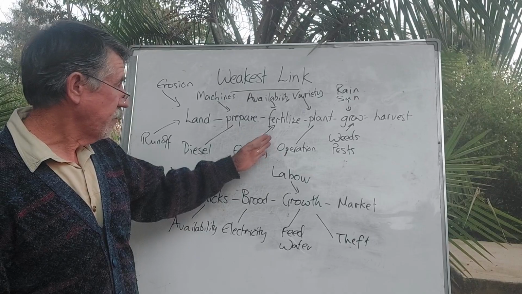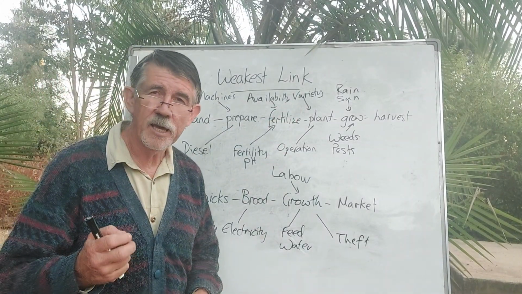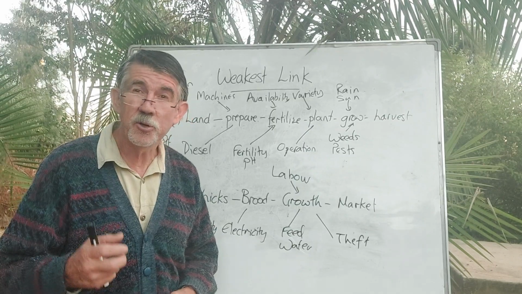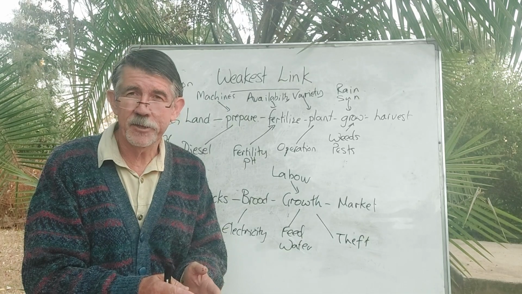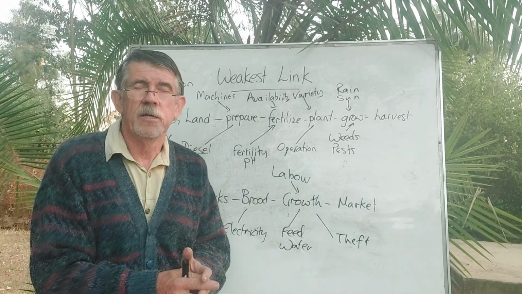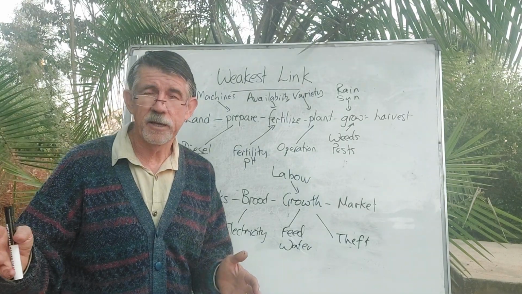Perhaps it's the variety. Maybe you don't have the best variety, or you don't know what the best variety is, and you need to investigate. It could be a weak link. You might choose the wrong variety, and that could upset your whole yield target and income.